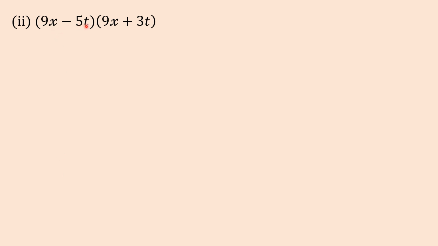Moving to the next question. What is given? (9x minus 5t) into (9x plus 3t). Students, the same formula you have to use, that is (x plus a) into (x plus b) equal to x square plus (a plus b) in bracket into x plus a into b.